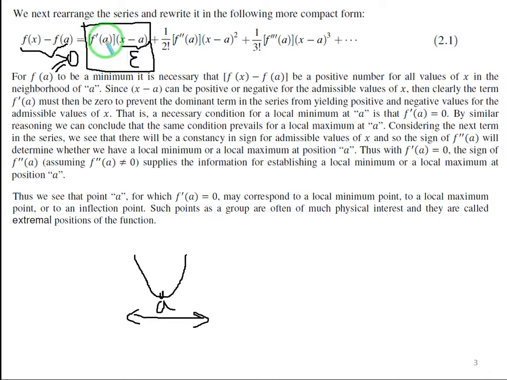dash a has a specific sign. It can be a positive number or it can be a negative number if it's not zero. We can say f prime a is a negative number or is a positive number. However, x minus a, if x is greater than a, x minus a is positive.